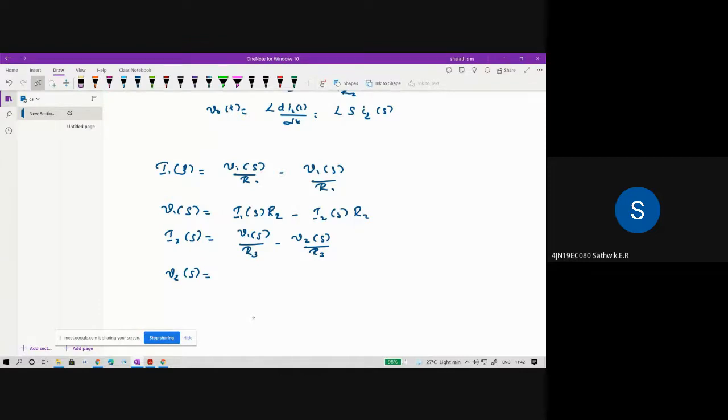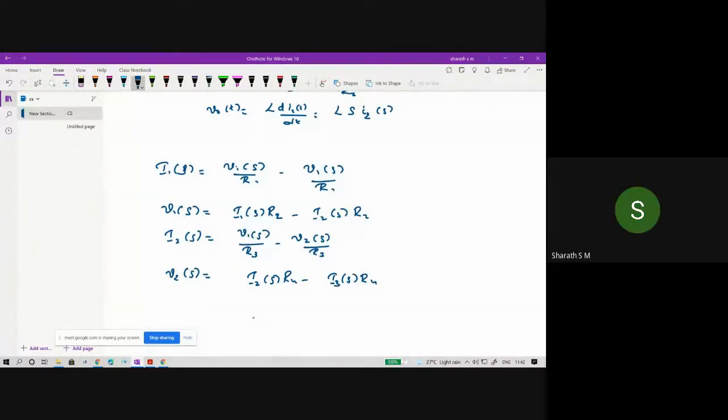V2 is I2 minus I3 into R4. So I2 of S into R4 minus I3 of S into R4.